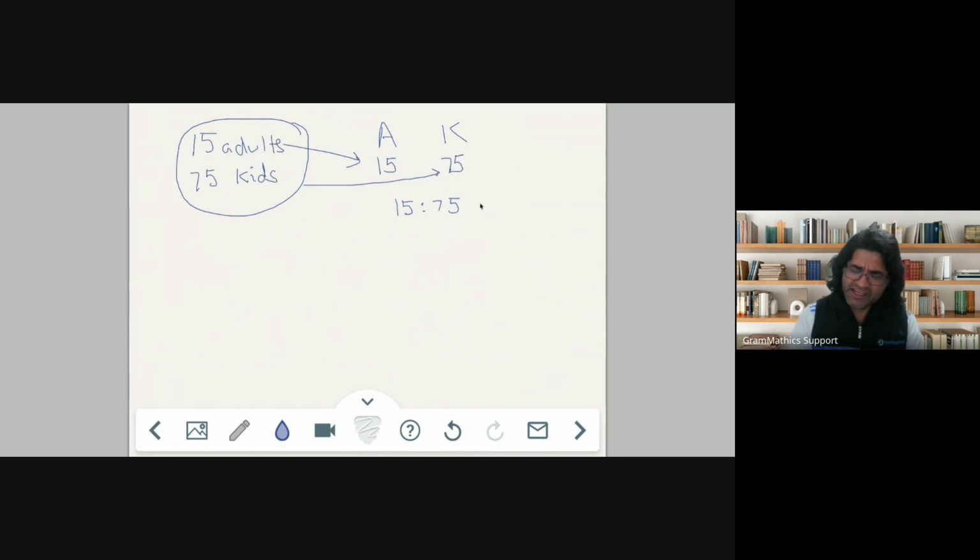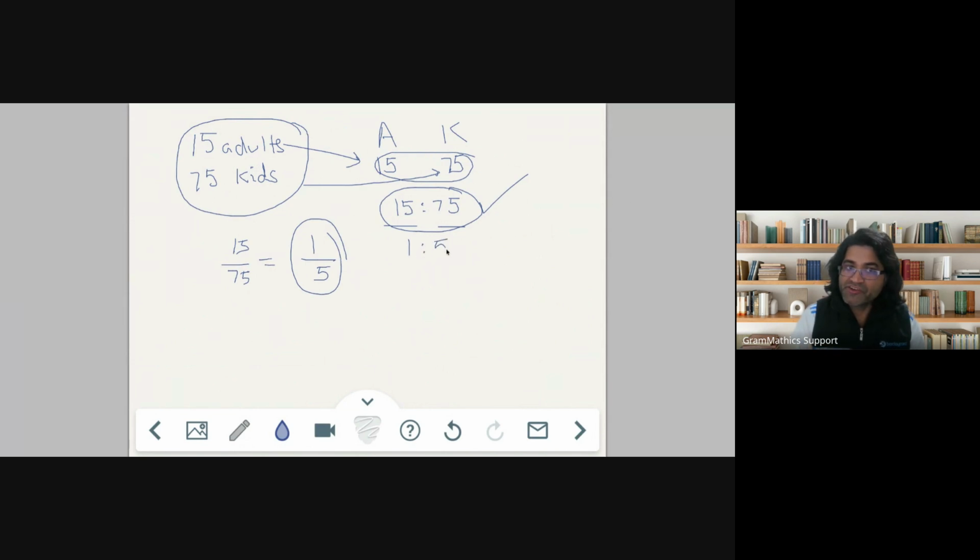This is a correct answer as long as they have just asked for a ratio, but not an ideal answer because you can simplify it. Just like you can simplify a fraction, you can also simplify a ratio, because a ratio is nothing but a fraction. Just the way we simplified the fraction, 15:75 can also be done as 1:5.